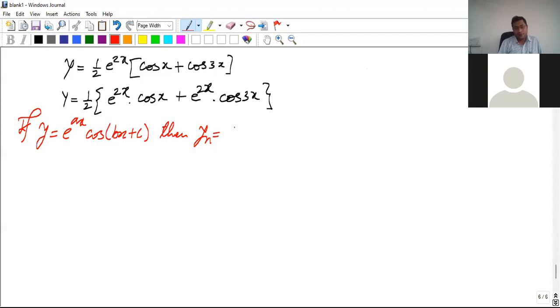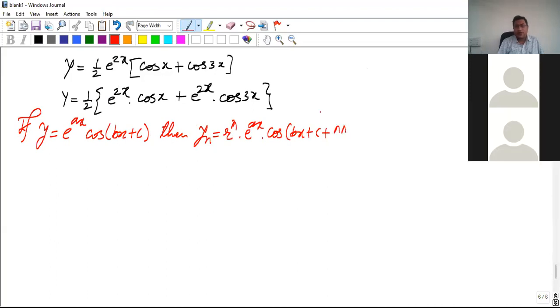So yn is r raised to n e raised to ax cos of ax plus c plus n phi, where now r is equal to square root of a square plus b square and phi is equal to tan inverse of b by a. Is that okay? Yes, sir.